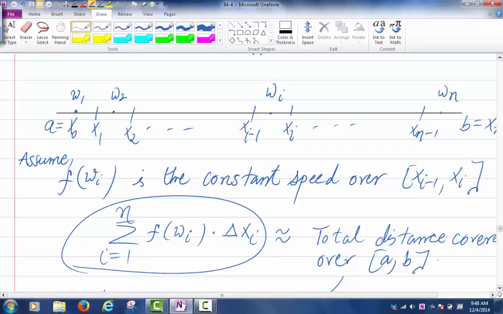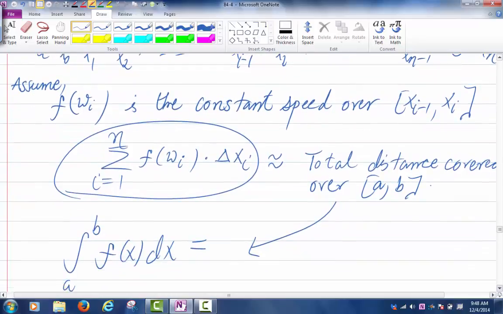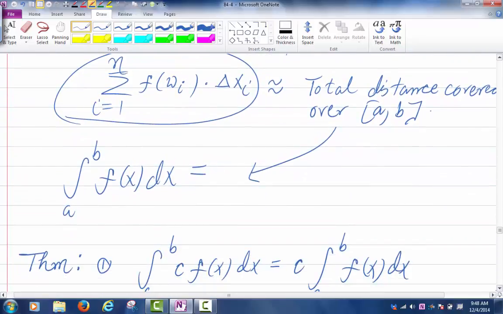If I take the limit of this Riemann sum, I get the definite integral of the speed function, right? That's how we define definite integrals. So I know that if I integrate the speed function over an interval, that gives me the total distance covered by that moving object over that time interval.